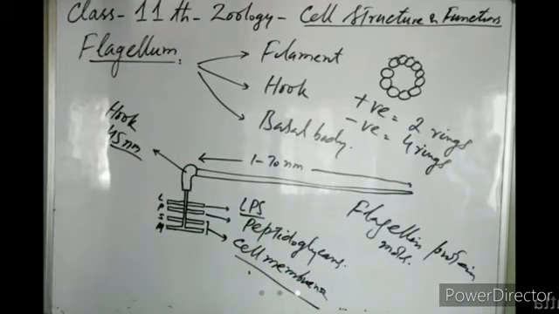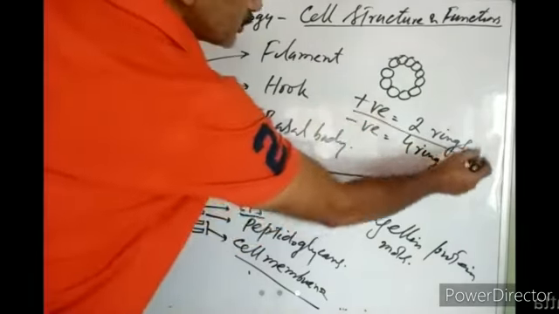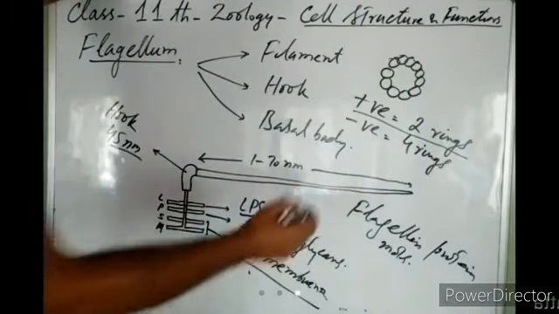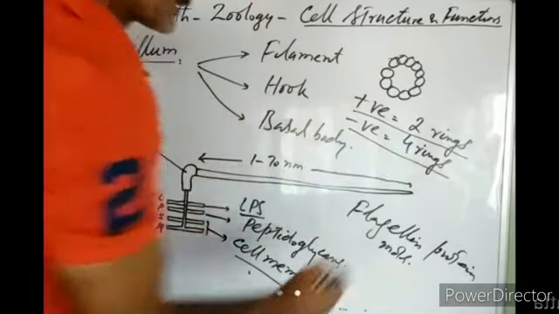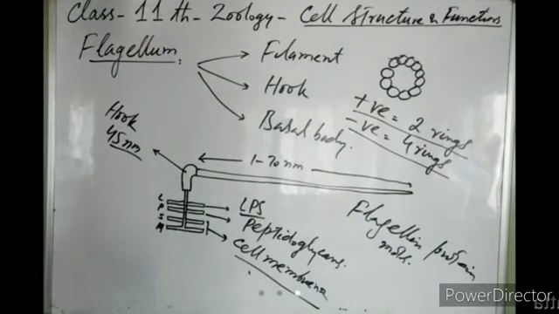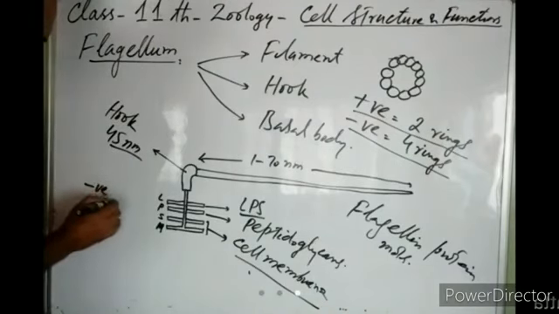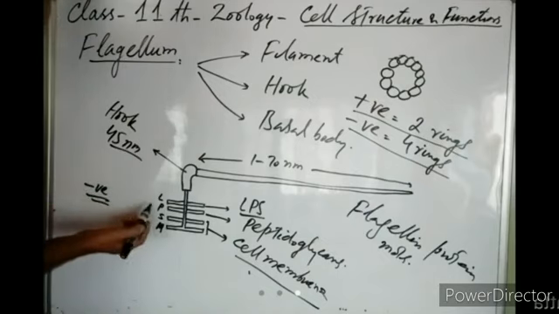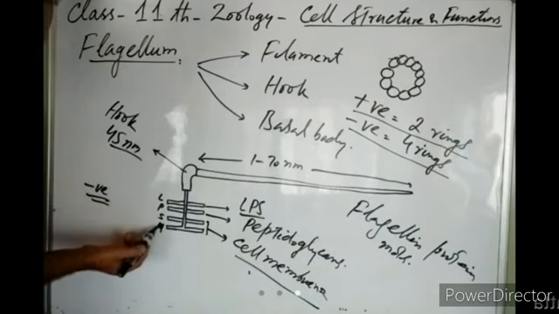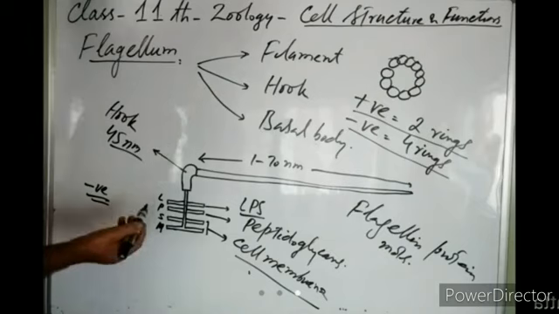So the basal body of a prokaryotic cell may have 4 or 2 rings. In gram-positive bacteria, there are only 2 rings. In gram-negative bacteria, there are 4 rings: L, P, S, and M. L is the outermost ring.